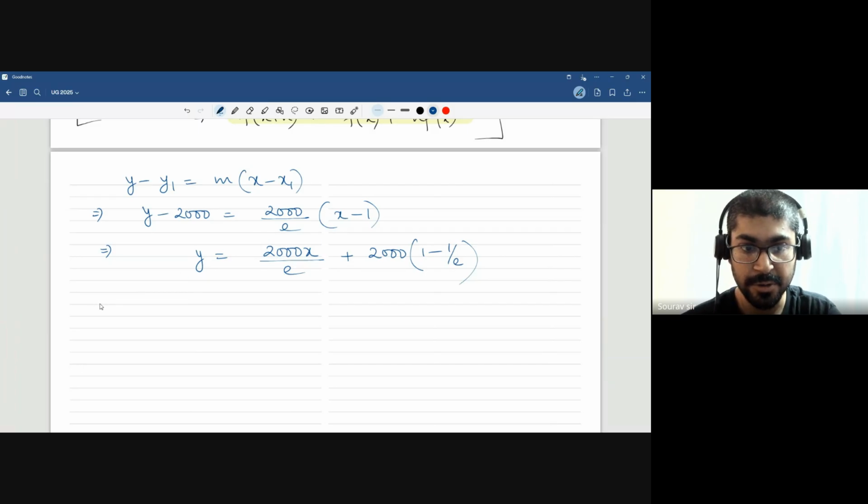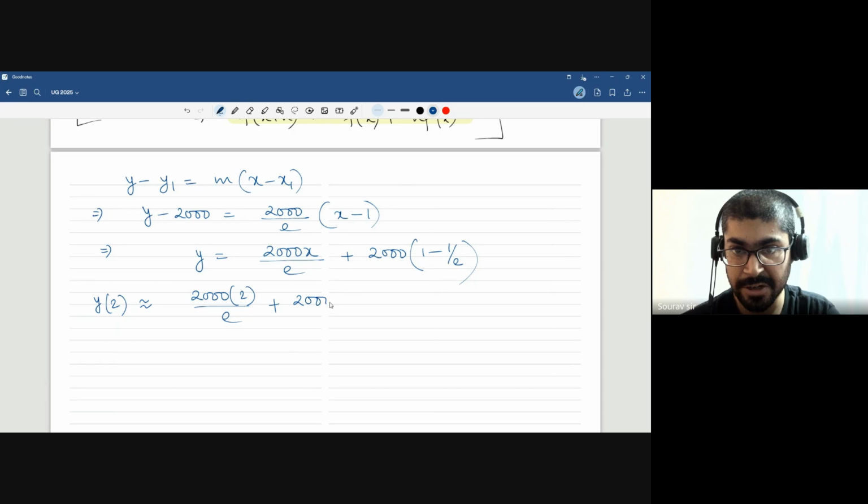Okay, so y of 2 is approximately equal to 2000 into 2 by e plus 2000 into 1 minus 1 by e. So 2000 into this will become 2000 into 1 plus 1 by e, right?